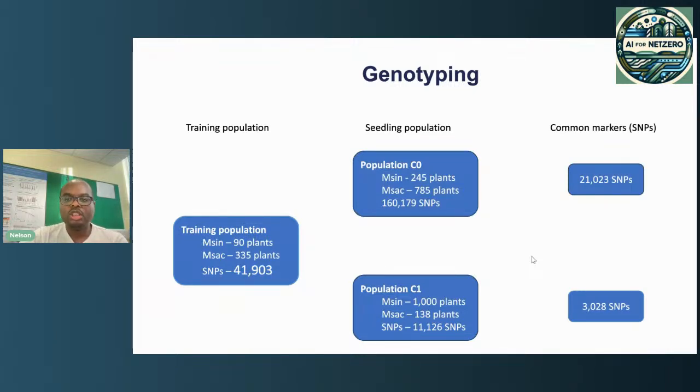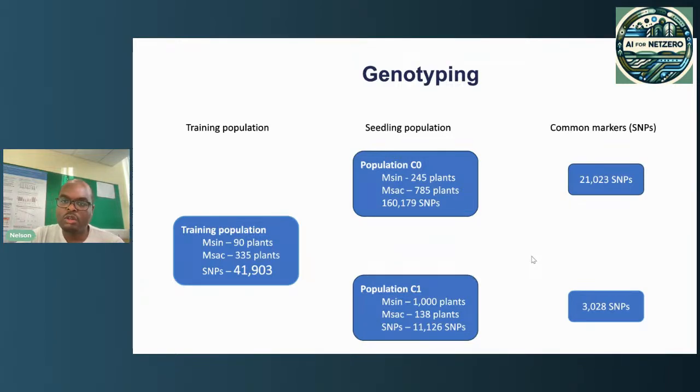But for genomic selection to be of use, we are interested in finding common markers between the training population and the prediction population. So I went a step ahead to determine what are the common markers between the training population and the seedling population. So for the first population, which is the C0 population, we had about 21,000 DNA information, or what I'll be calling SNPs.